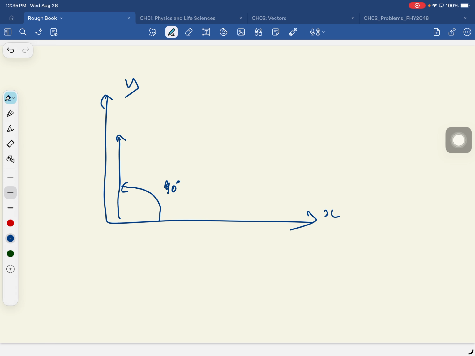We adopt the convention that we measure angles from the x-axis, and positive angles are counterclockwise from the x-axis. So there's the number.